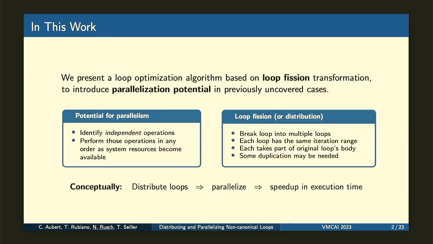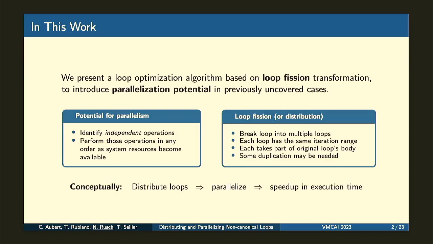So in this work, we are presenting an algorithm to perform loop fission or distribution. And we say that it's going to add parallelization potential in your program in previously uncovered cases. Specifically, when I say loop fission, I'm talking about the transformation where we start with one loop, and then we split the body of the loop.